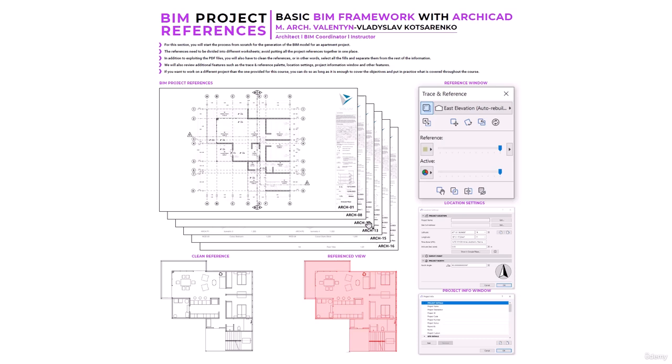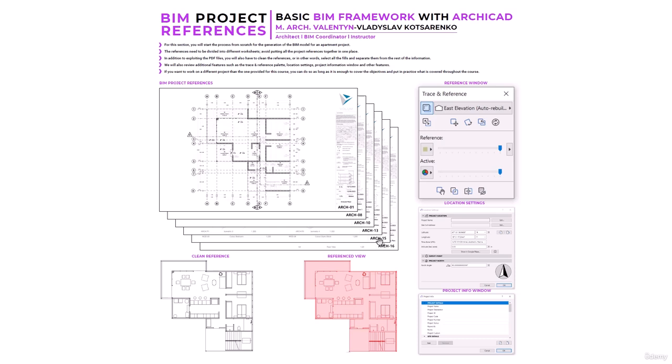And throughout the lessons, if you want to work with the example project I'm giving you in this course, you can do so, but you can always consider one of your personal projects to replicate within the BIM methodology by using ArchiCAD. So you can choose whether you want to use the same example or you want to work with a pilot project in your own enterprise or your own personal space.